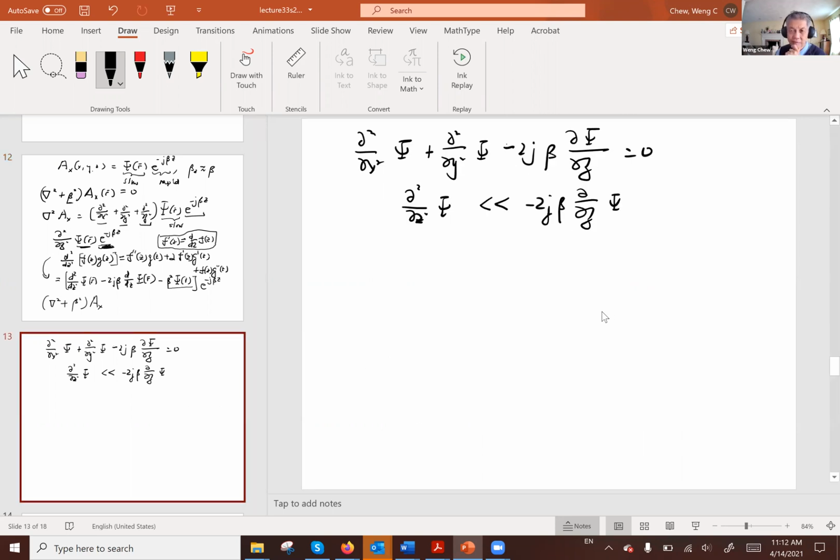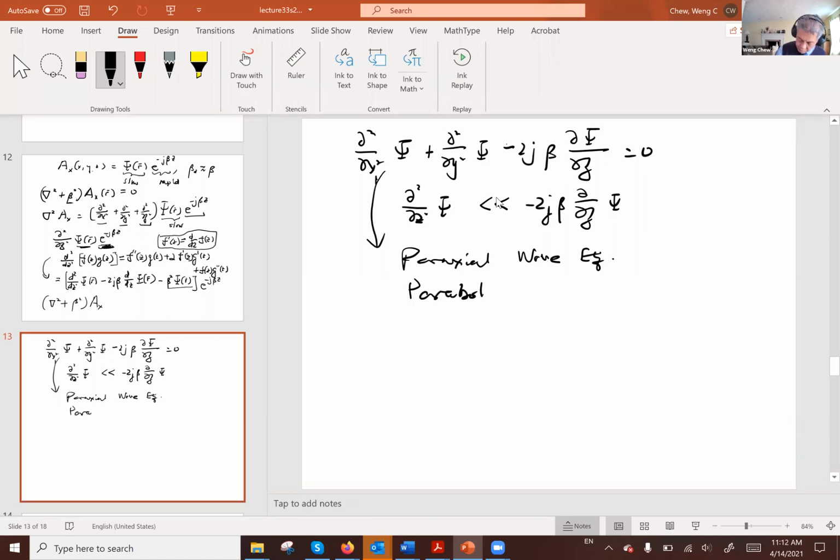So the end of the story is that I have arrived at this equation, and this equation is called the paraxial wave equation. It's also called a parabolic wave equation sometimes. Okay, and you can solve this equation in closed form as well.